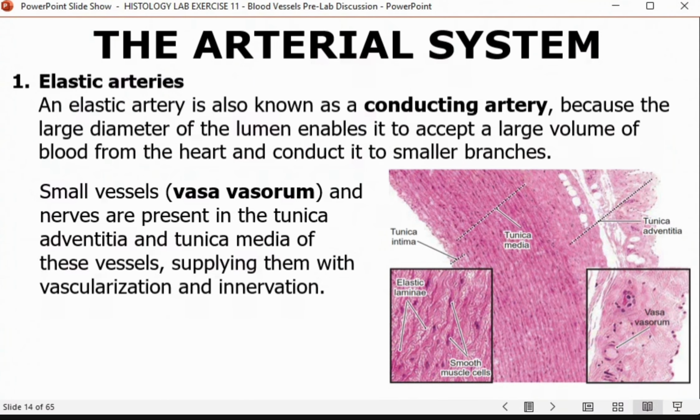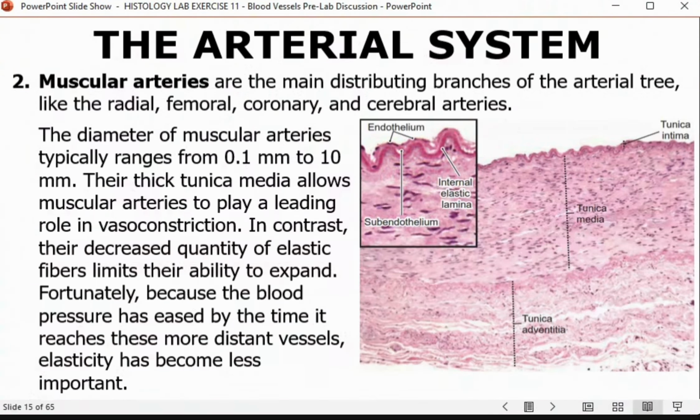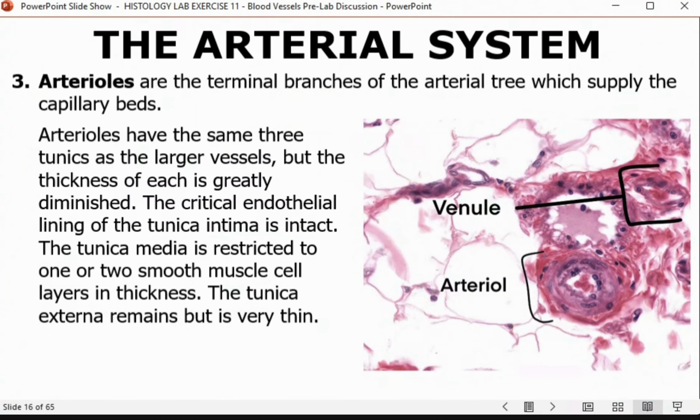Ergo, that's why your elastic arteries have more elastic fibers, so that they can withstand that greater amount of pressure. By the time the arteries have gone further down through the body, the pressure has eased, meaning there's less pressure, so it doesn't need as much elasticity compared to your elastic arteries.